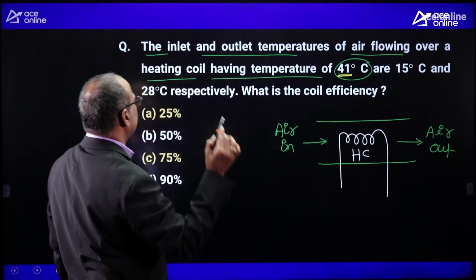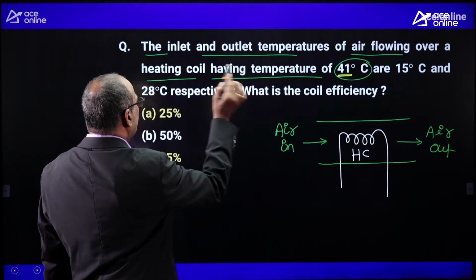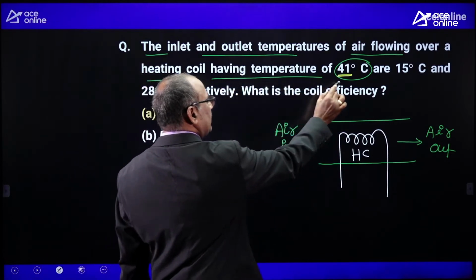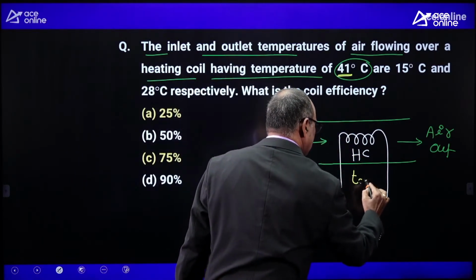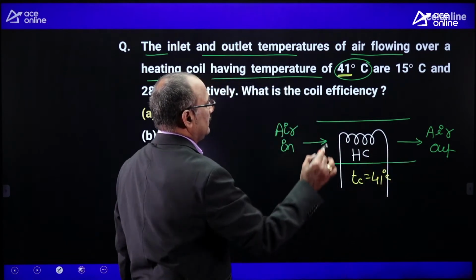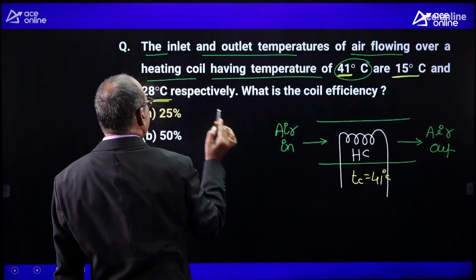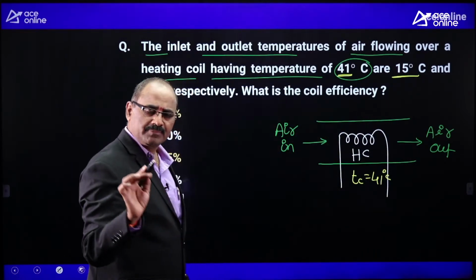Once again, let me read it. The inlet and outlet temperatures of air flowing over a heating coil having temperature of 41 degrees centigrade. Coil temperature 41 degrees centigrade. Air inlet temperature 15 degrees centigrade, outlet temperature 28 degrees centigrade.